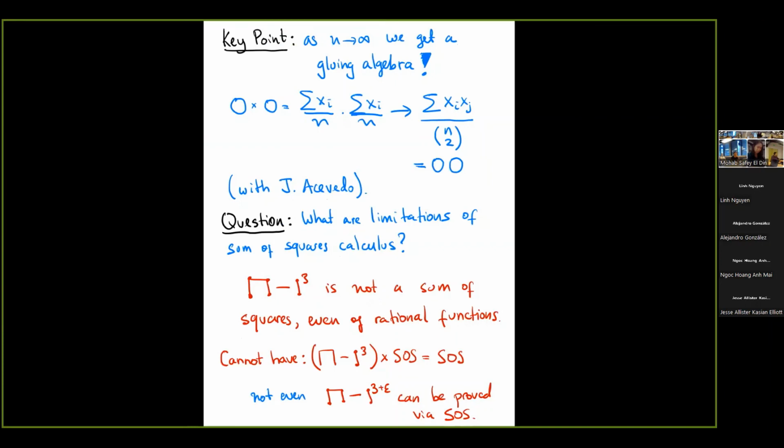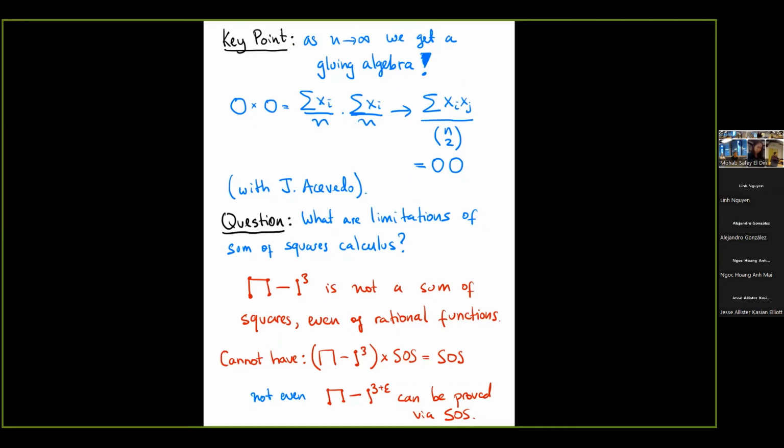And what happens as n goes to infinity, we get kind of a gluing algebra. Because as I mentioned before, what should this be? It's the sum of xi divided by n times the sum of xi divided by n. So what am I going to get? Well, I'm going to get almost the sum of xi xj divided by n choose 2, but there is especially the sum of xi squared, right?